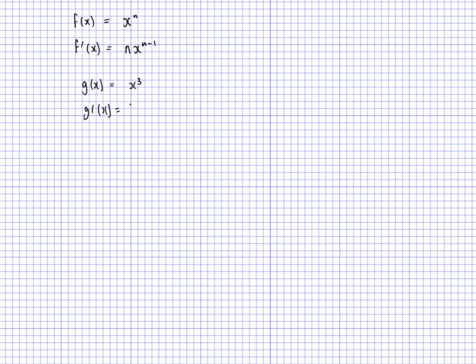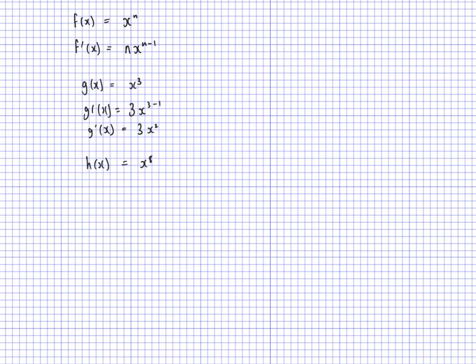So I will have 3 here, and x to the power of 3 take away 1, and then this I know will become 3 and then x squared, because 3 take away 1 is 2. If I look at my other one, h(x), remember this one, x to the power of 8, this would have been a very difficult thing to multiply out, but because we used the general power n, we've been able to find a general formula to differentiate this.